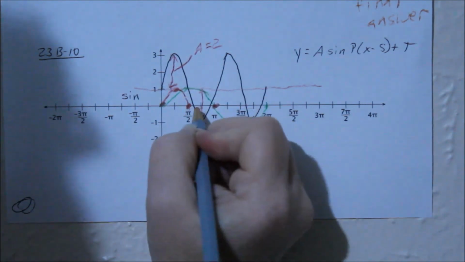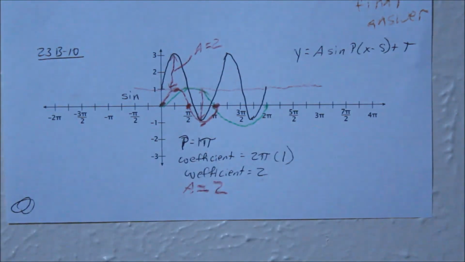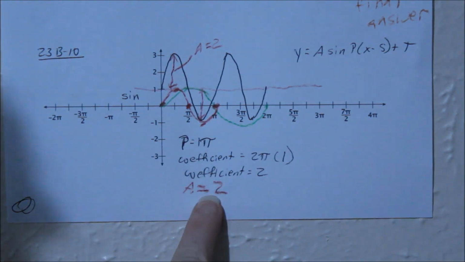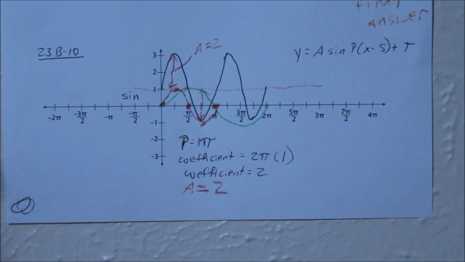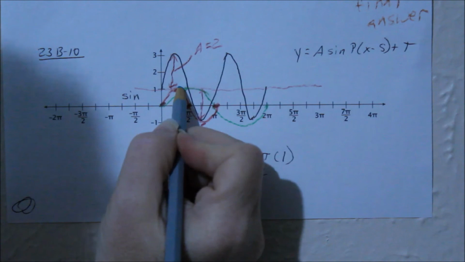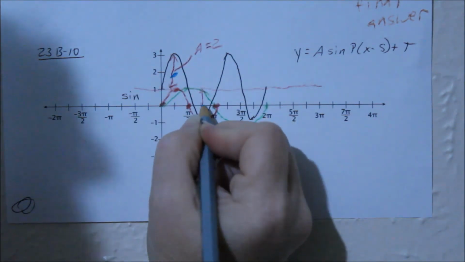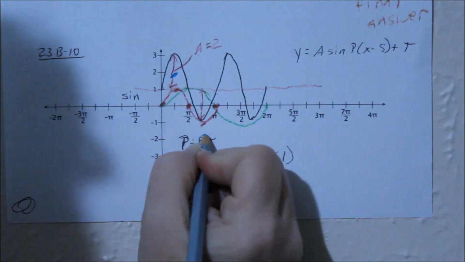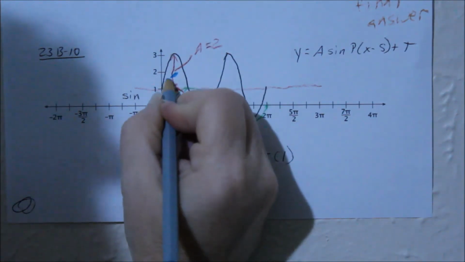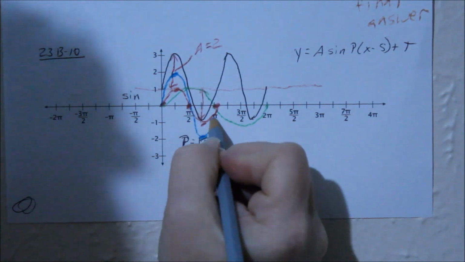So all I did was take that green curve and make the period change to pi. Now I need to make the amplitude 2 on this curve. Right now from here to here it's 1, so in order for it to be 2, I'd have to come up here. And in order for this to here, which is 1, to be 2, it's got to come to here. So to make that amplitude change, it looks like this.